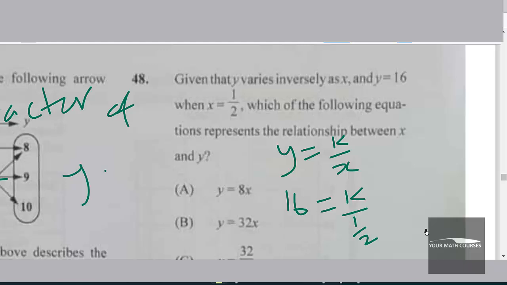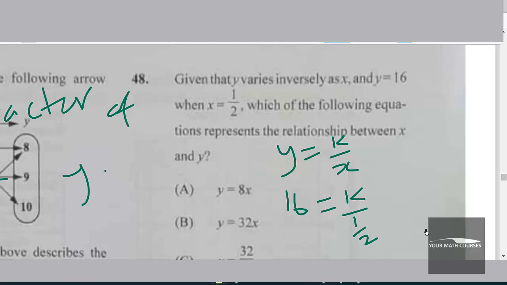Which of the following equations represents the relation between x and y?